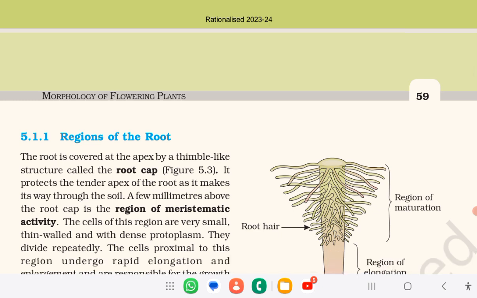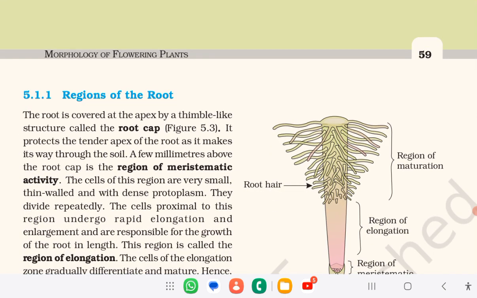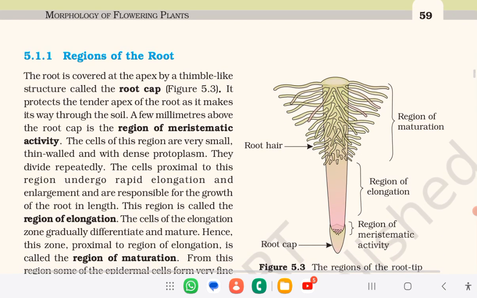Regions of the root. The root is covered at the apex by a thimble-like structure called the root cap. It protects the tender apex of the root as it makes its way through the soil.